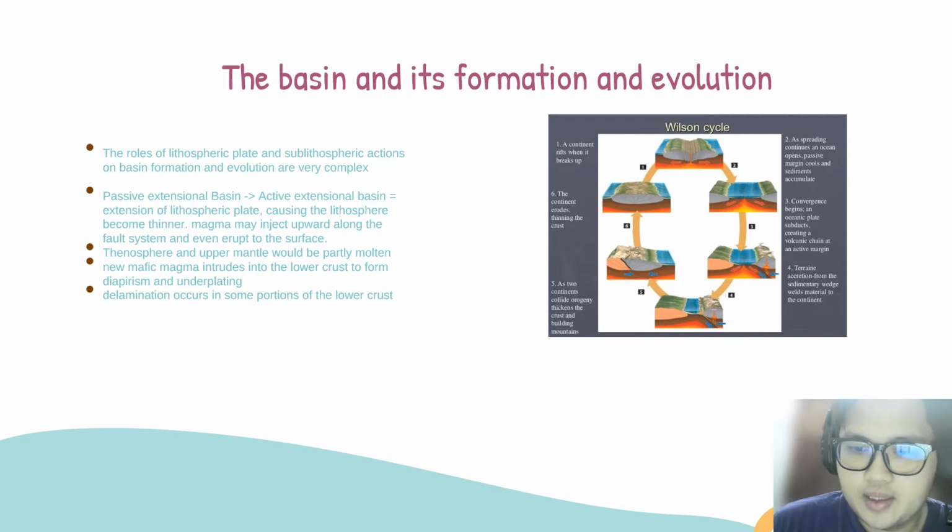The asthenosphere and upper mantle would be partly molten, along with ongoing crust-mantle interaction. It means new mafic magma intrudes into the lower crust to form diapirism and underplating. With the propagation of the magma channel and fault system, as well as the expansion of diapirism and underplating, delamination occurs in some portion of the lower crust.